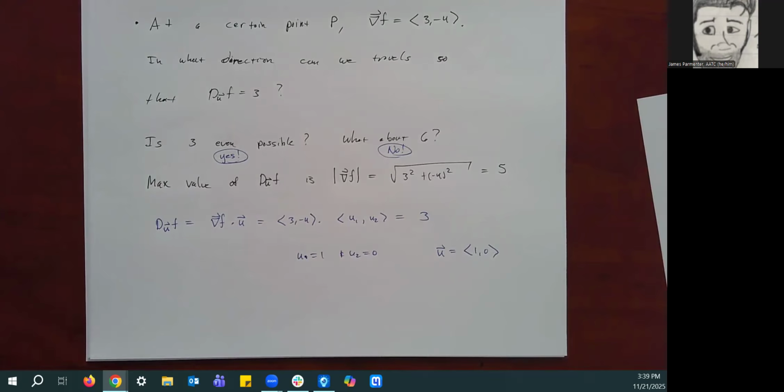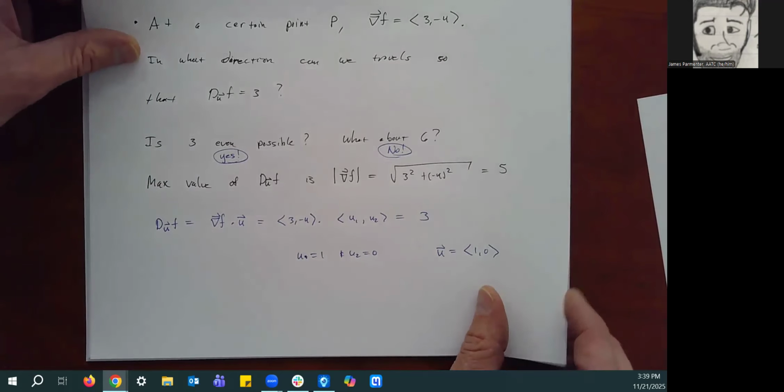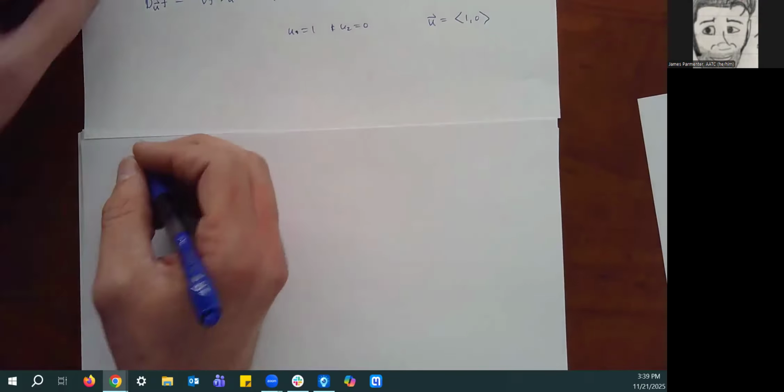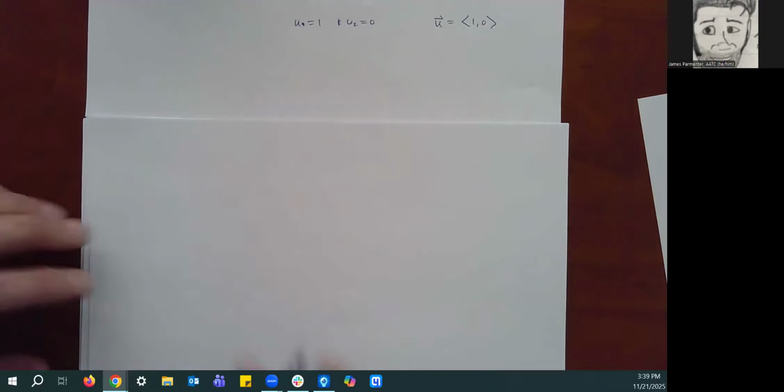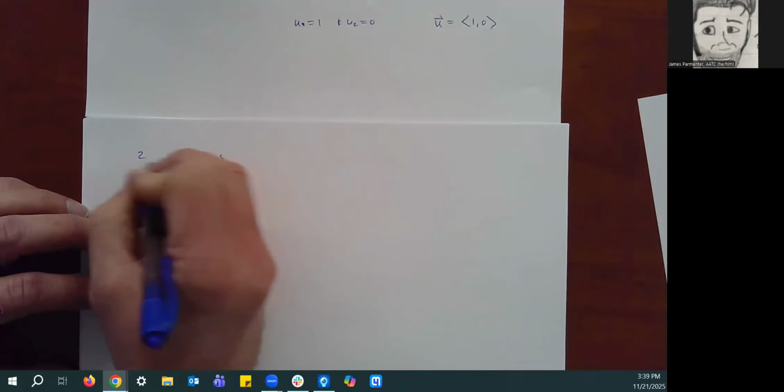Interesting, yeah. Oh, sure, okay, fine. So let's talk about this. So we want this directional derivative to equal 3. So we have kind of two equations, really. We have our dot product equation.